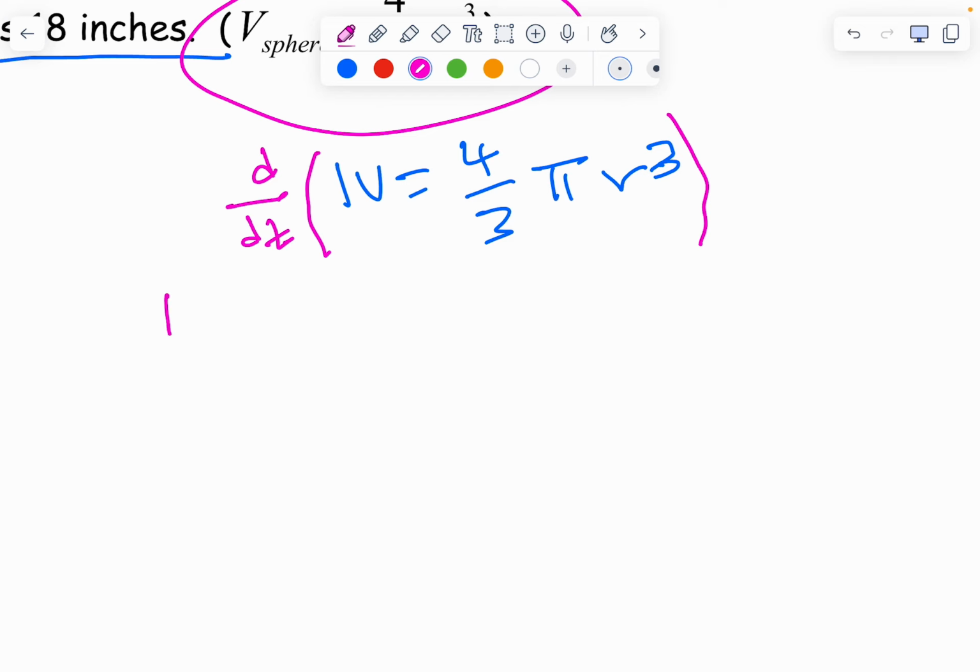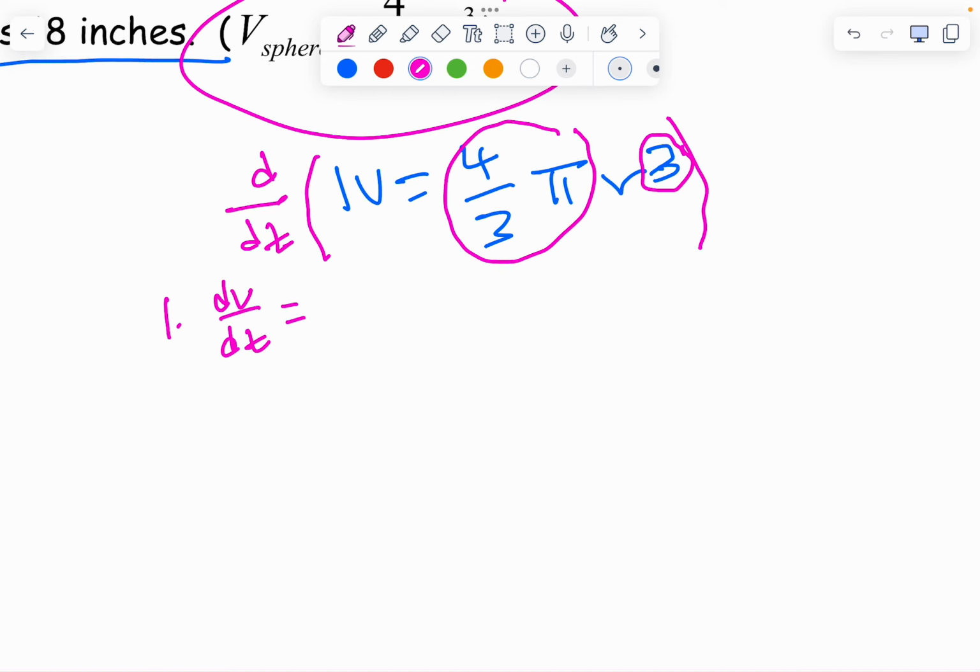Just 1. But we need dv over dt. That follows you around all the time on related rates. D that letter over dt. The next one. When I derive the next one, would you agree this is a number right here? If I take that number and multiply by 3, wouldn't the 3 cancel? Give me a nod if you're okay with it. 3's cancel. So we have 4 pi, and then r squared, and again, it's dr over dt.